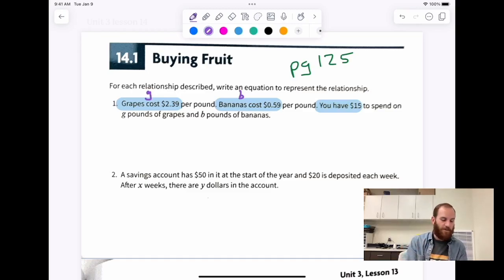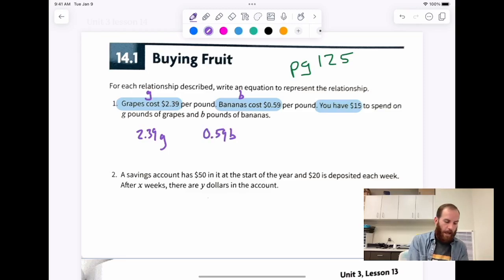Pretty much when you're doing that, you're trying to figure out the pounds of grapes multiplied by 2.39 is going to give us the cost of the grapes. To get the cost of the bananas, what are you going to do? You're going to do our bananas times 0.59 to get the cost of the bananas.